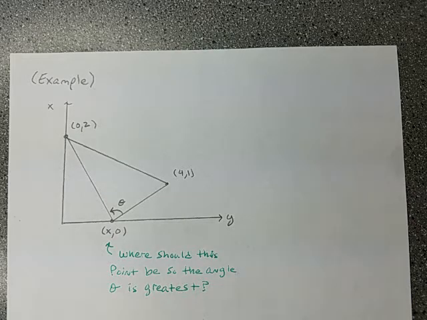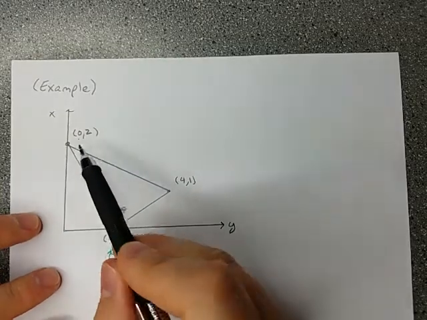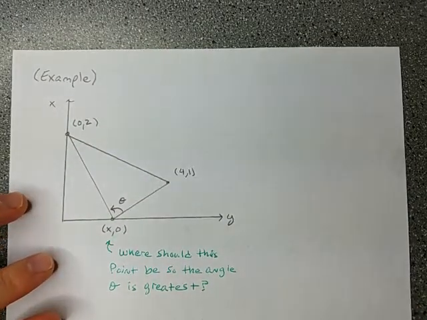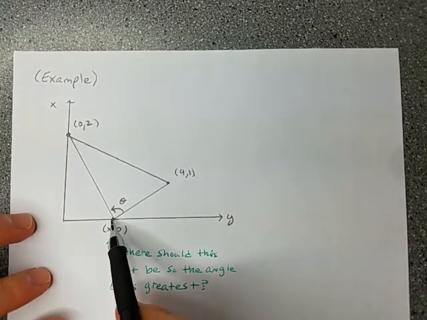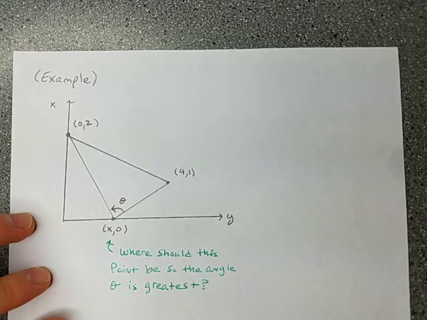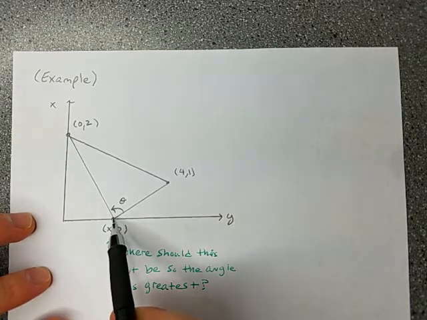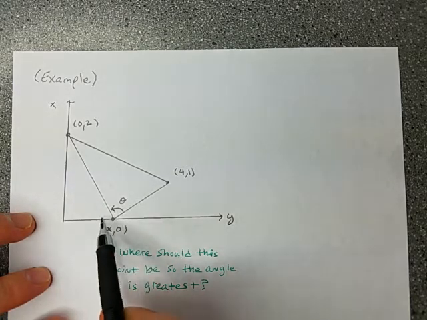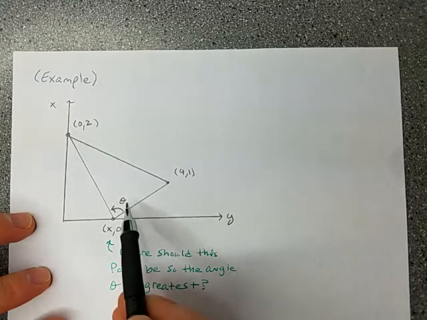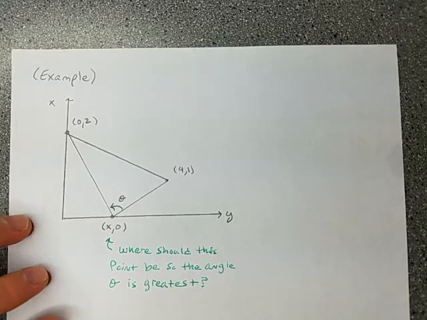Imagine that this point is fixed at (0, 2), and this point is fixed at (4, 1). And this point is variable, like I could move this point around. Can you imagine that if I move this point around at various spots between 0 and 4, this angle might get bigger or smaller?